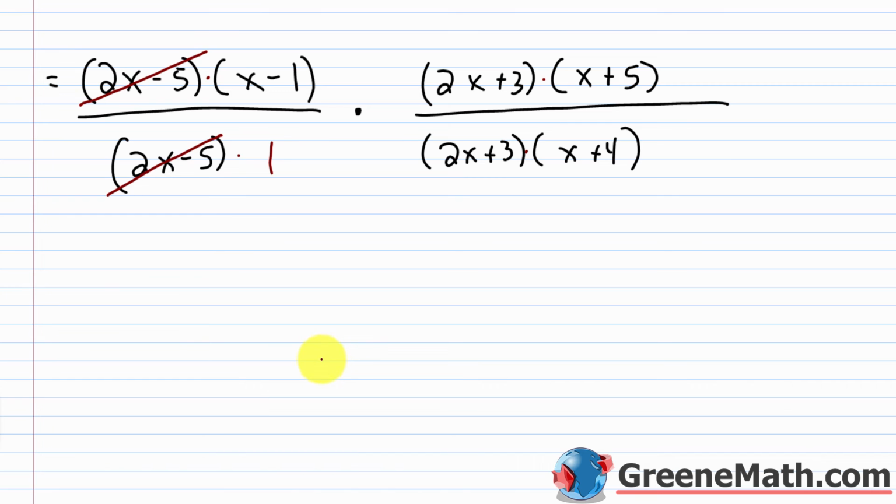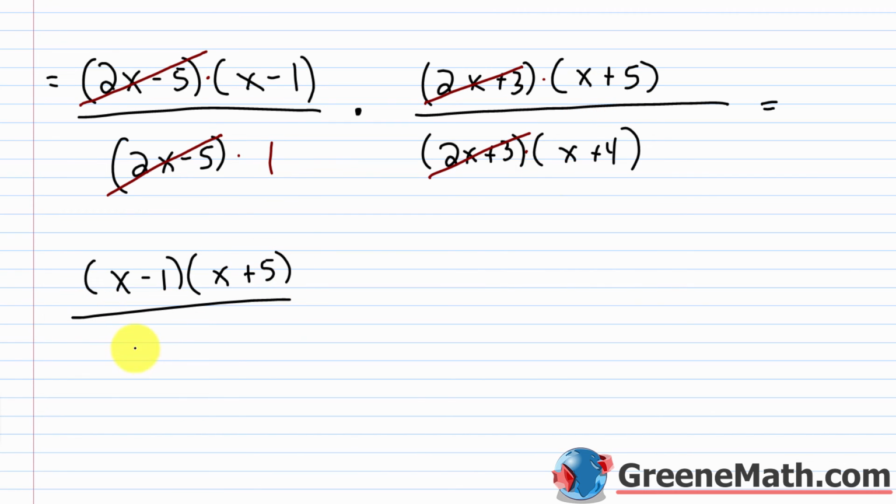I don't have any x minus 1s anywhere else, so I can't do anything with that. But I can cancel this factor of 2x plus 3 with this factor of 2x plus 3. And what I'm left with is x minus 1, then times x plus 5 over 1 times x plus 4. So basically x plus 4.